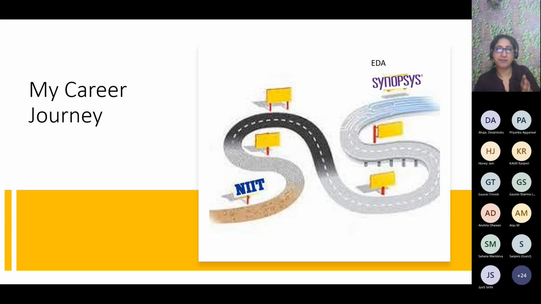Synopsys is a company which is into electronic design automation, software, and solutions, or in short, EDA. What this software and solutions does is it helps design engineers design and verify complex chips, or system on chips as we call them now, so that they can be used in advanced processes or models.